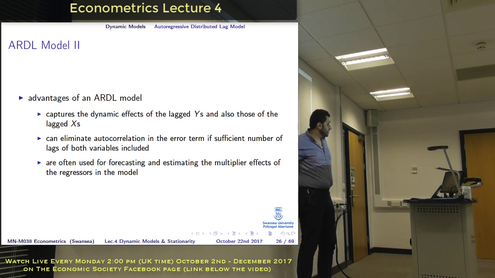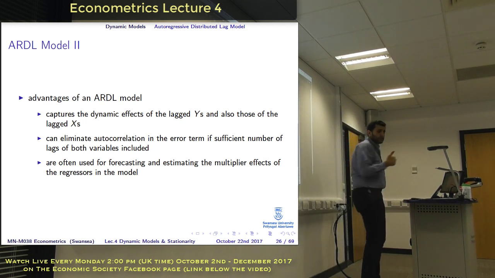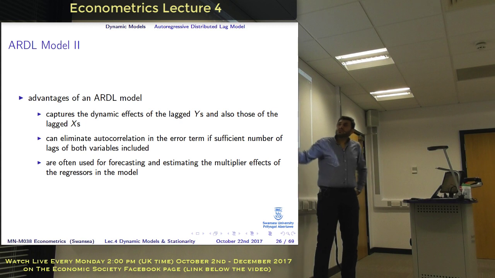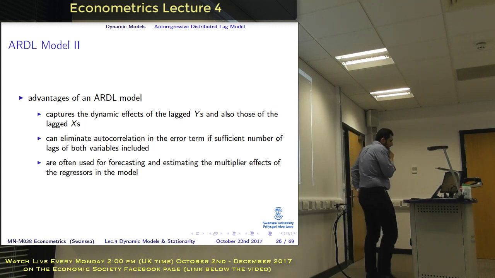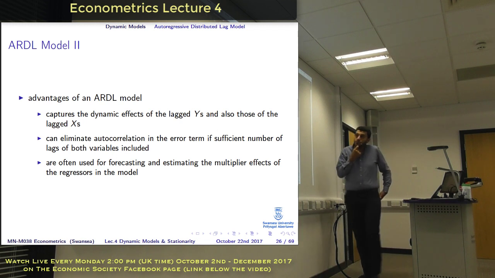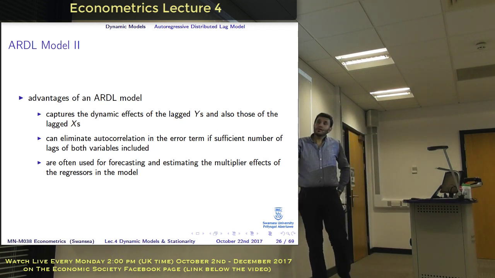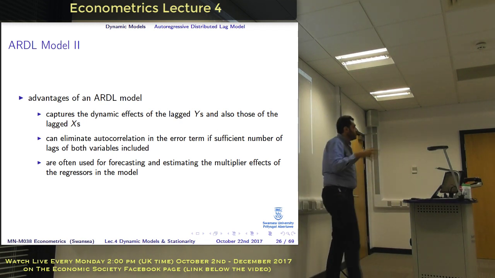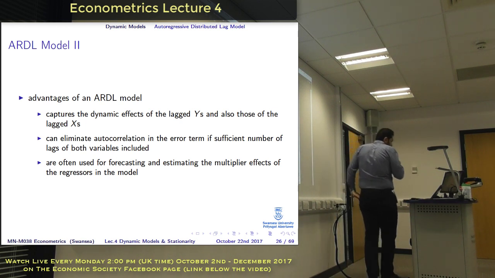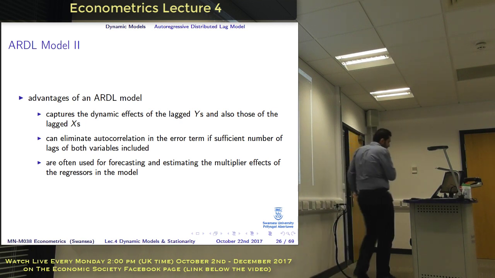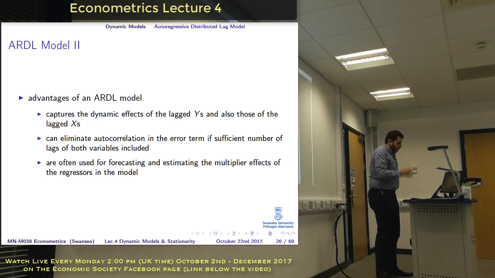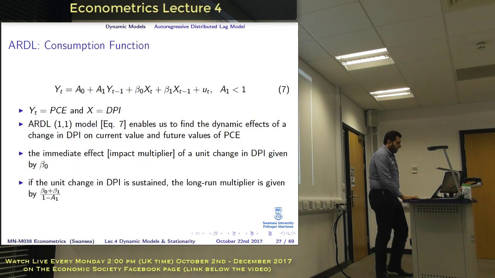And in the seminar, I will show you how eViews can give you the best ARDL model if you decide the maximum number of lags for P and Q. eViews will show you how to choose the best one among many models. Okay, so as we said, there are some advantages.